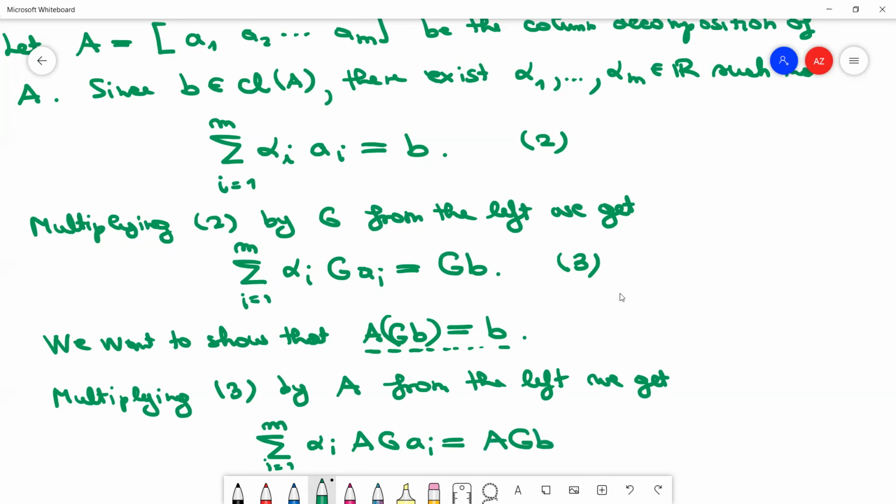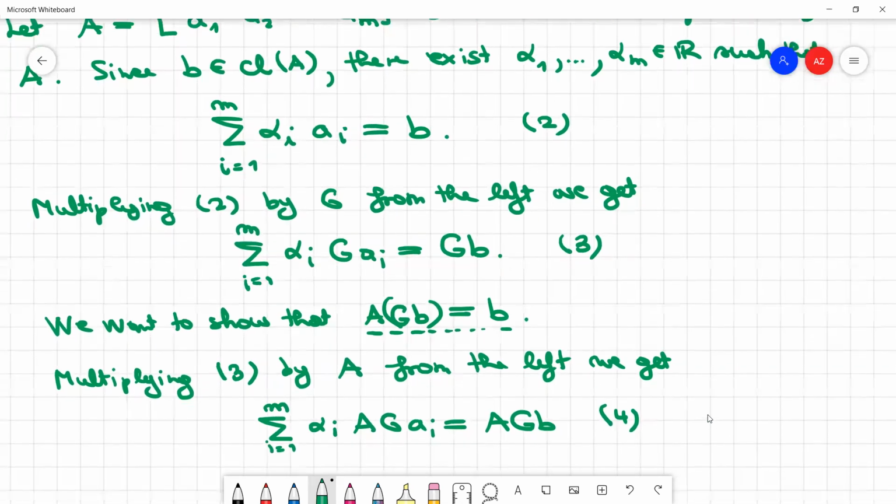So this is true because 2 was true. We multiplied 2 by G, we got 3, so 3 is also true. And now we just multiplied 3 by A and we got 4, so also 4 is true.